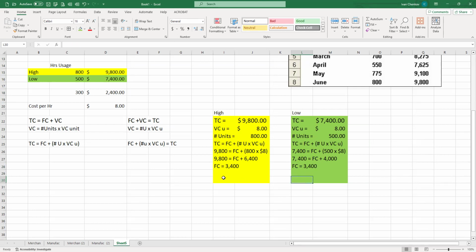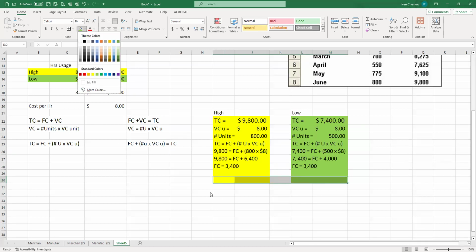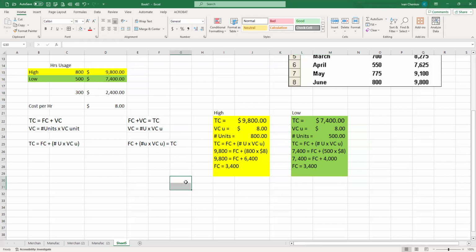So I perfectly know that through the high and low point, I can calculate the fixed cost. Once I get the fixed cost, that's what I need. So right now, can I put it in the formula? I can. So now can I predict the future?